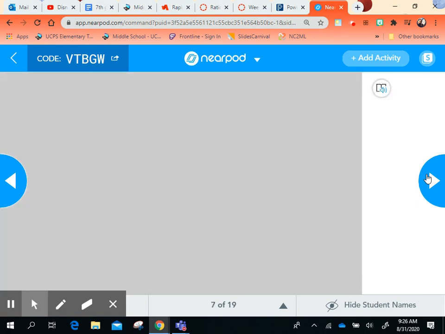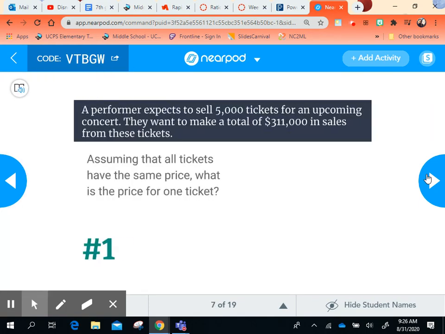Concert ticket sales. So it says, a performer expects to sell 5,000 tickets for an upcoming concert. So I'm going to go ahead and draw our T-chart for this one, or table. Generally, when I'm doing the lesson, I'll have the table already out for us.